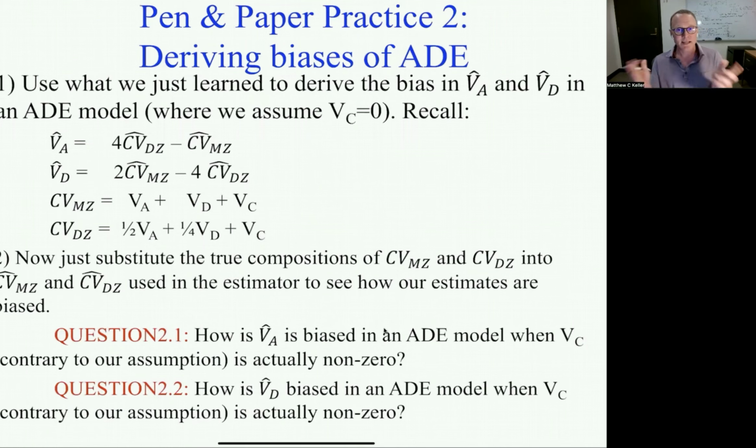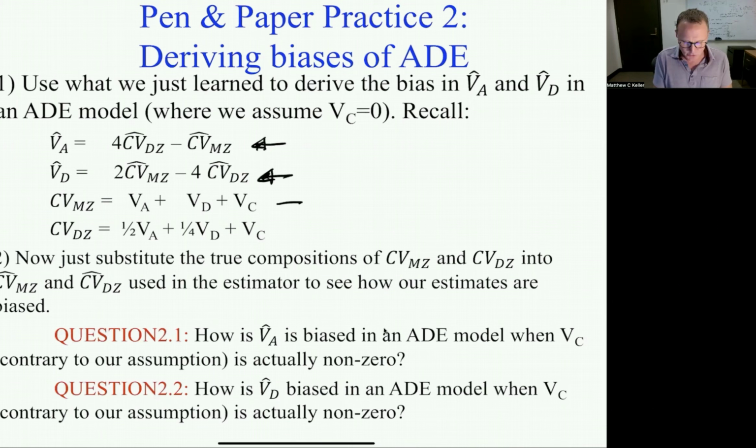Welcome to our second pen and paper practice, deriving biases of ADE models. So usually we just learned in the ACE model to derive the bias of VA and VD hat in the ADE model, where we are assuming VC is equal to 0. Recall that the additive genetic variance estimator that we got is 4 CVDZ minus CVMZ, and the estimator that we got for VD hat is this.